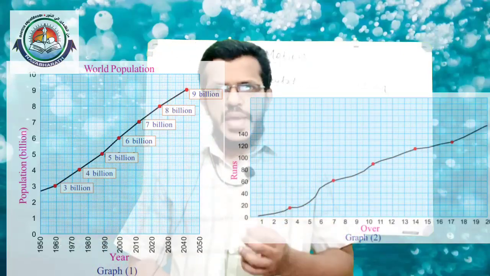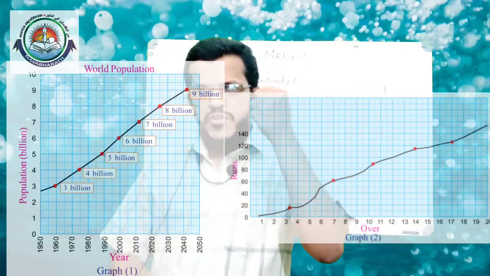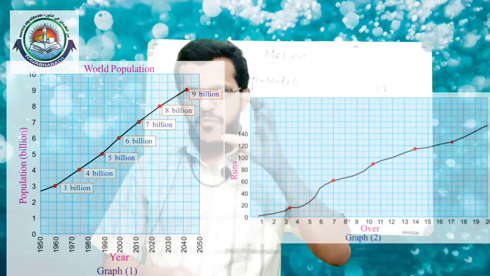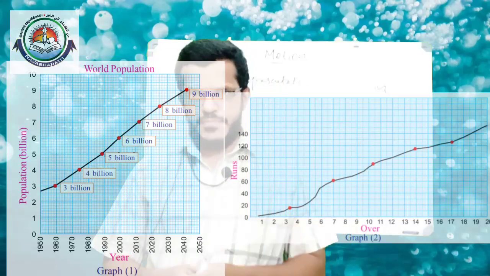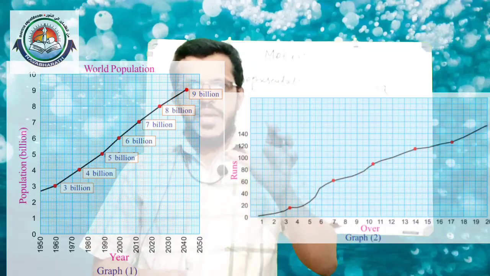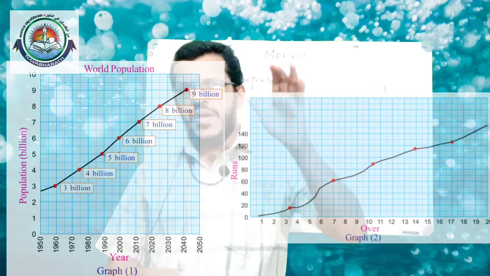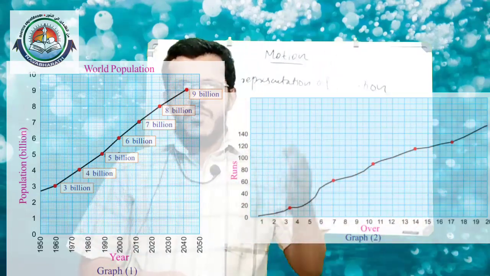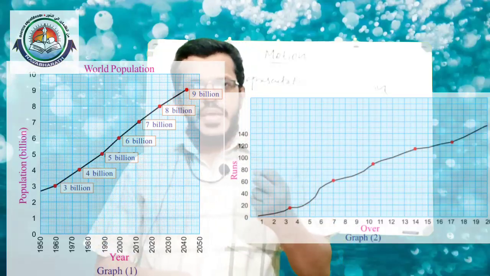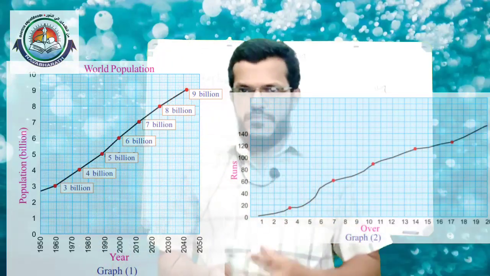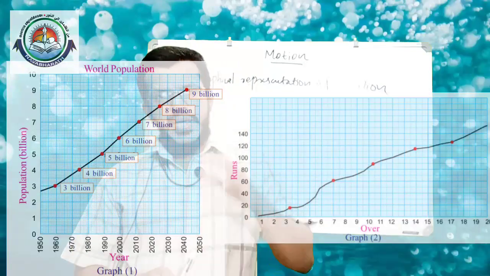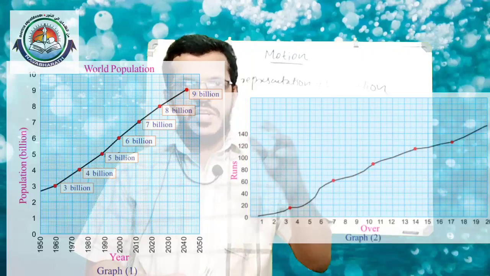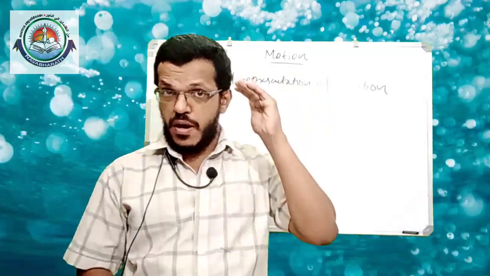Similarly, from graph 1, we can capture the rate of population in each year. In each year, how is the graph going on? Is it increasing or decreasing? That type of information can be captured from these graphs. But here we mainly focus on the graphical representation of motion only.